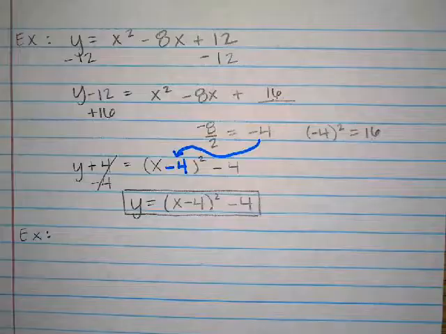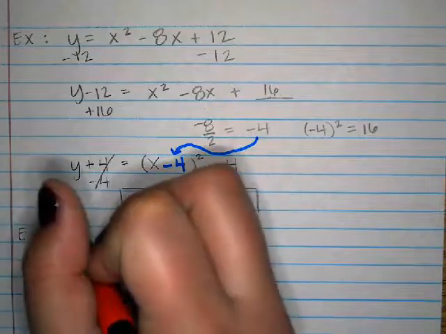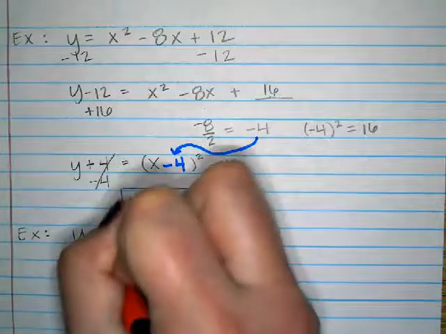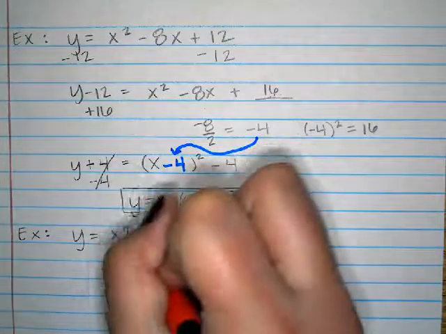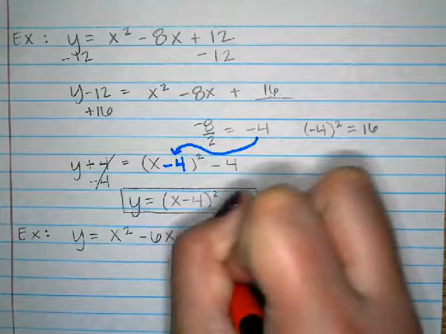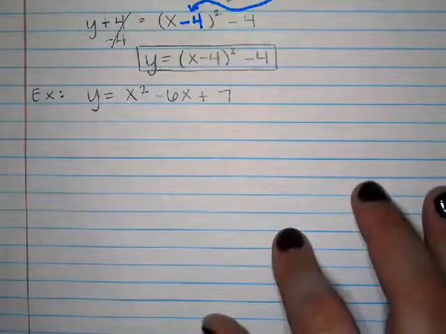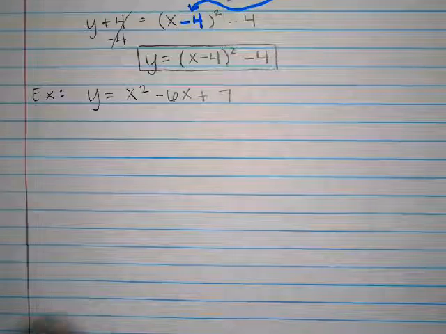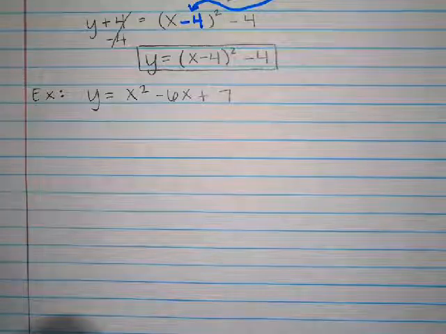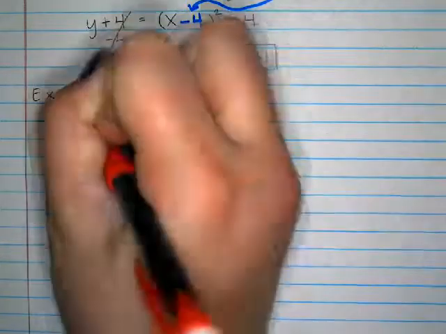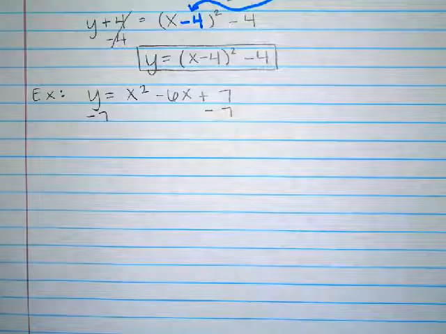All right, so for the next one, we're going to do y equals x squared minus 6x plus 7. So what should we do first? Subtract the 7. Okay.